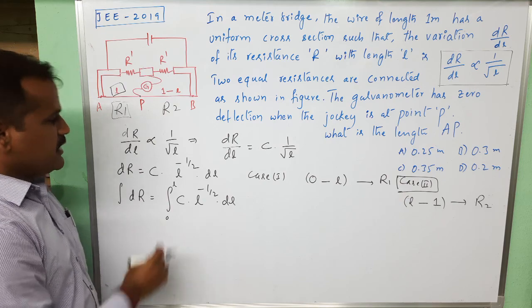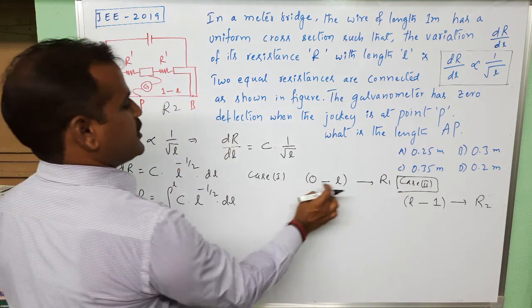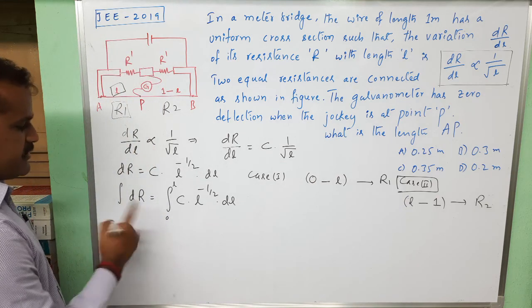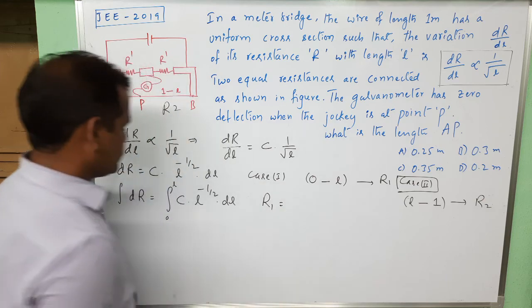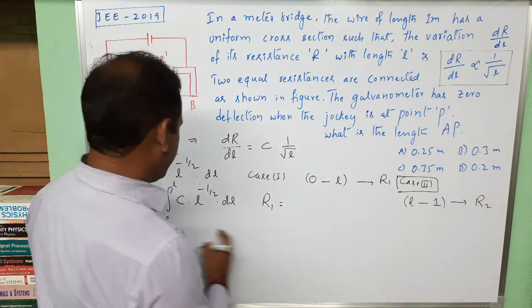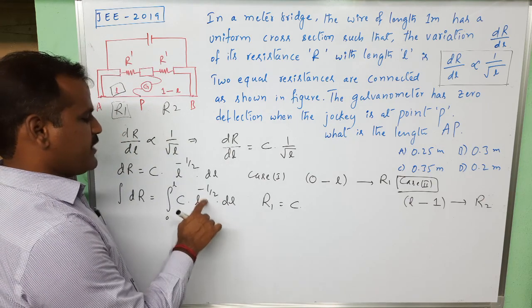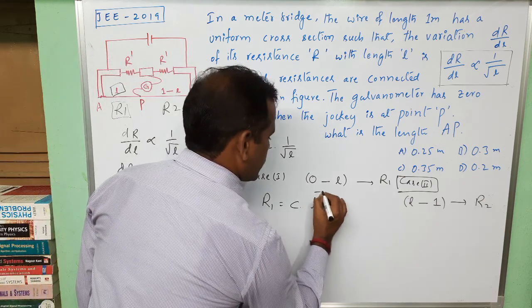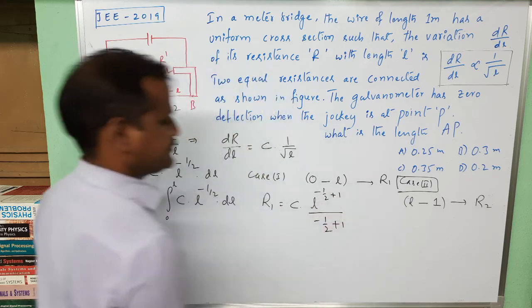For that he has given this expression. So from this expression I am proceeding now. First case, 0 to L, we have to integrate this expression. That means on the right side, this is the 0 to L integration, constant outside of the integration, and L to the power of minus 1 by 2 becomes L to the power of minus 1 by 2 plus 1 divided by minus 1 by 2 plus 1.